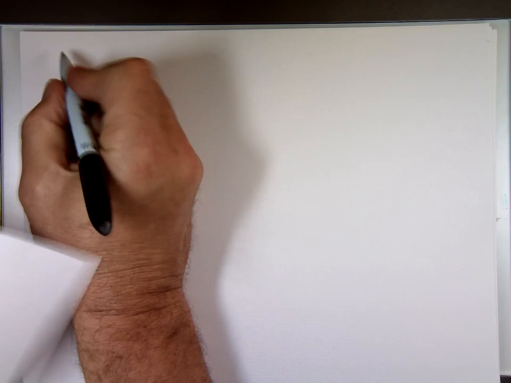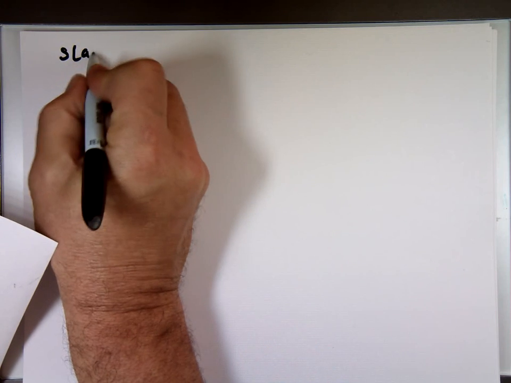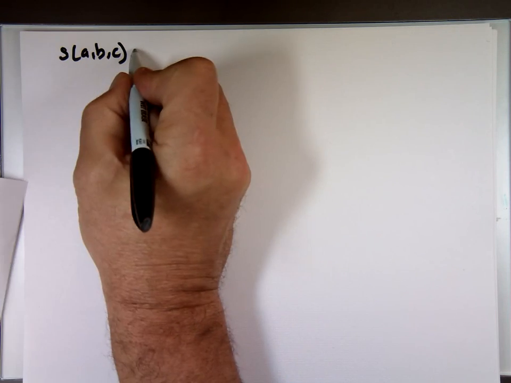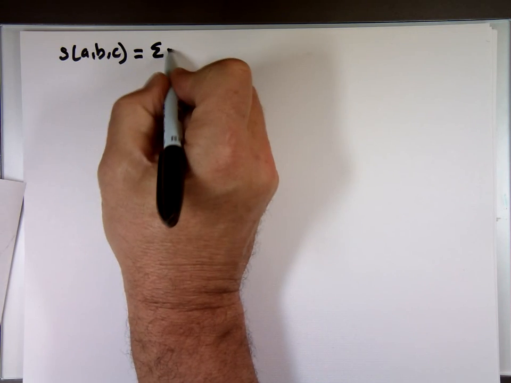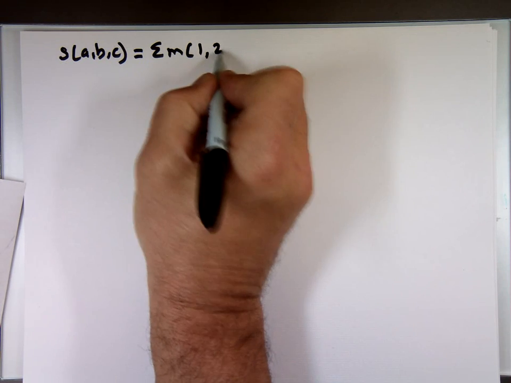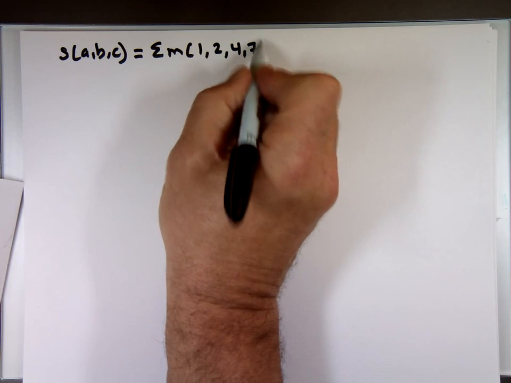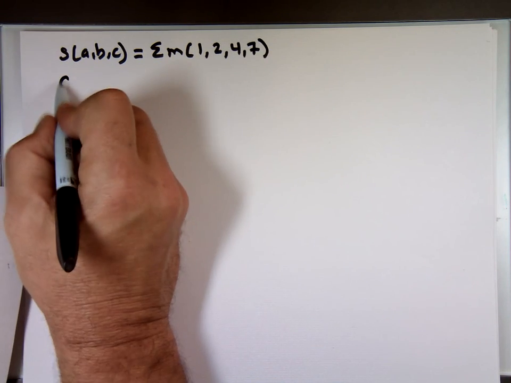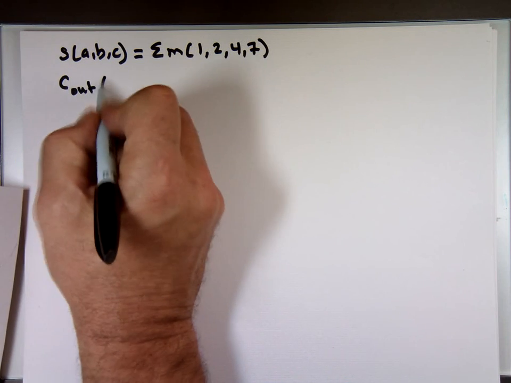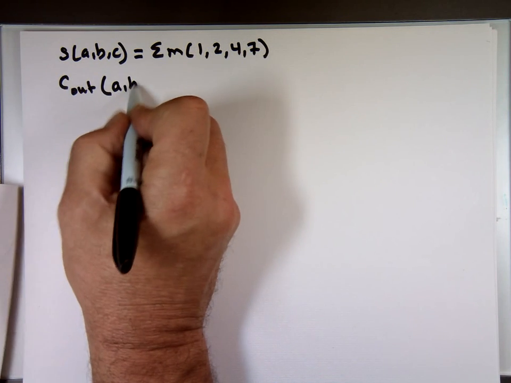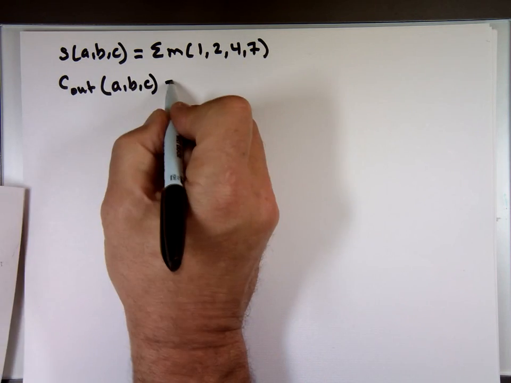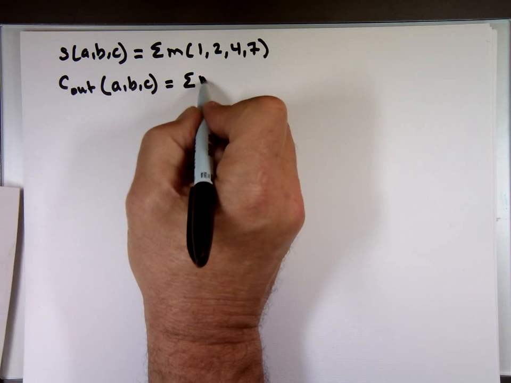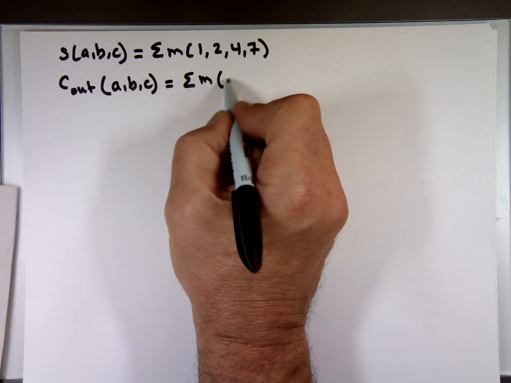The sum is equal to 1, 2, 4, and 7. I have color options here. I can take a few 2 by 4 and make 3 by 8 out of them.